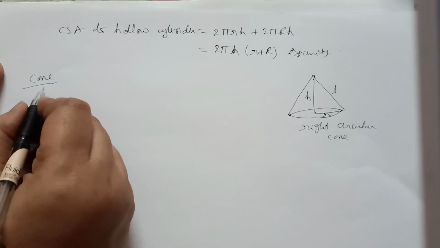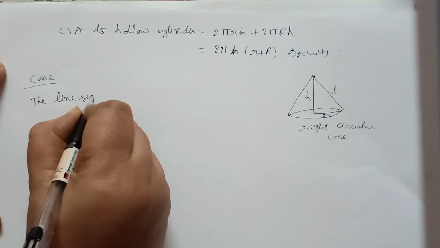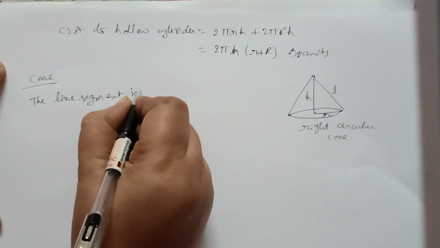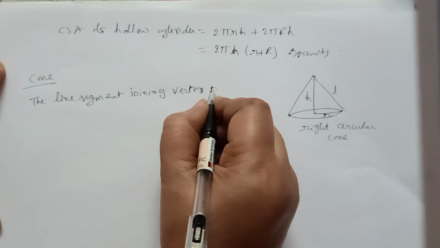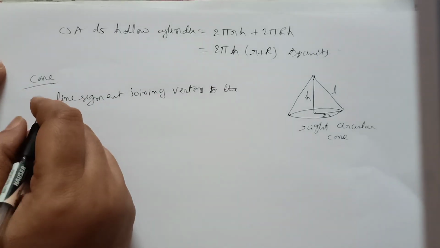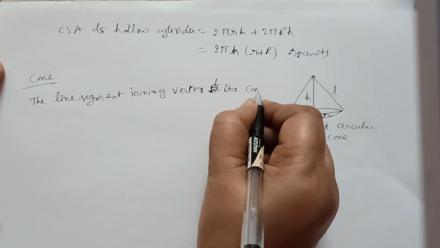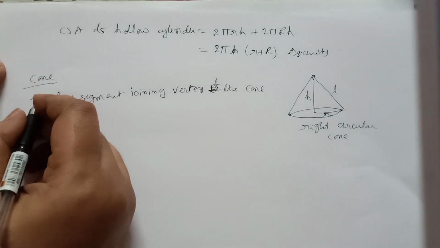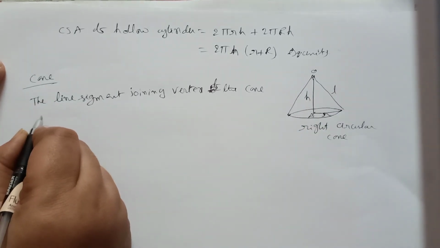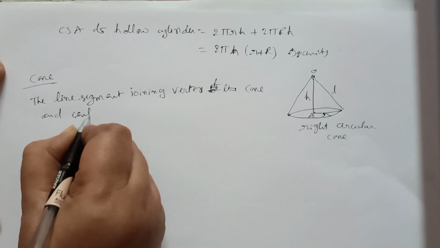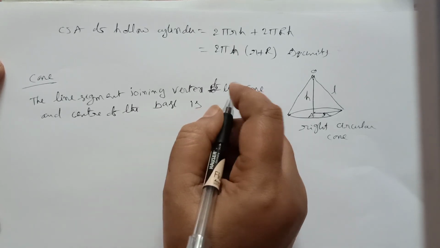So how to define the right circular cone? The line segment joining the vertex of the cone, this is the vertex, and the center of the base, this is the center of the base, OA, is perpendicular to the radius.